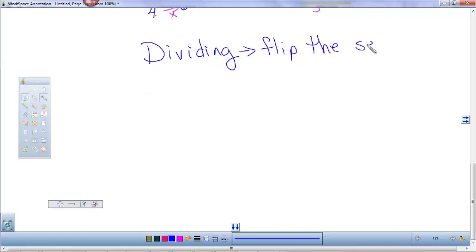Now, dividing is similar, but dividing has a special rule. You have to flip the second one.